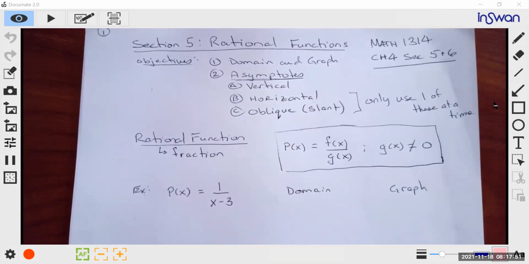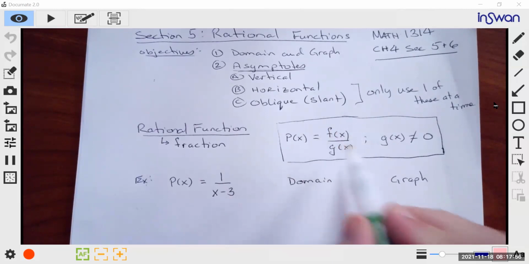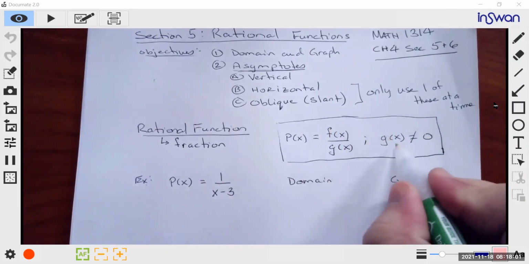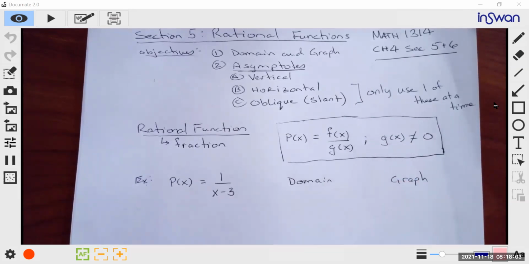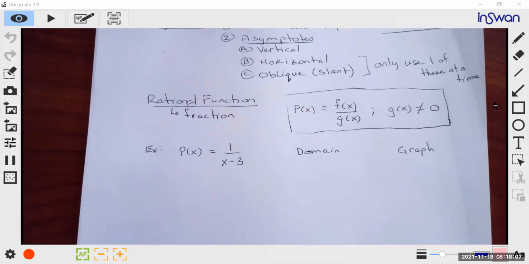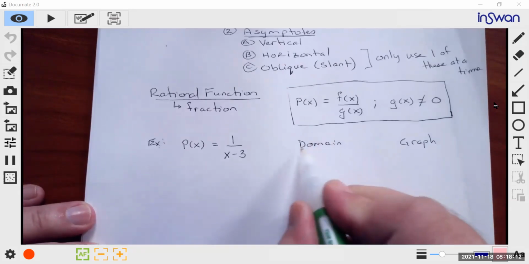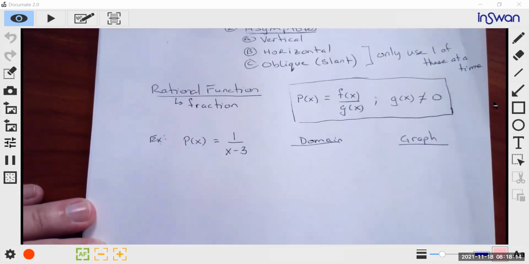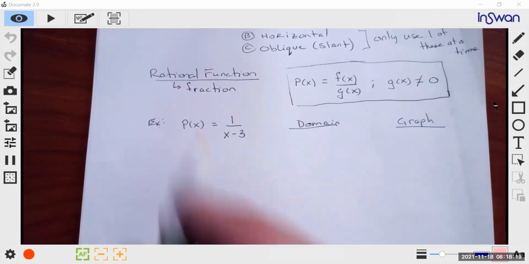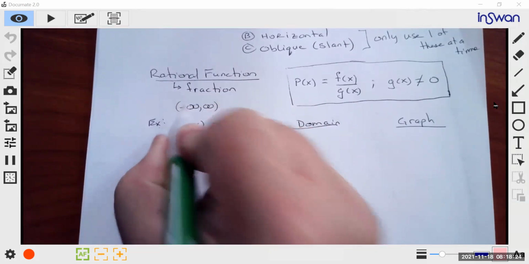So when we talk about rational functions, we talk about one polynomial on top of another polynomial. The only rule we have is that the bottom polynomial cannot equal 0. So let's look at this example here. Polynomials, to begin with, have a domain of negative infinity to positive infinity.